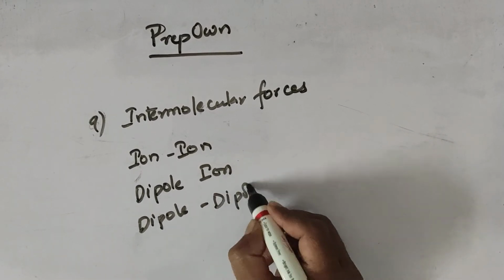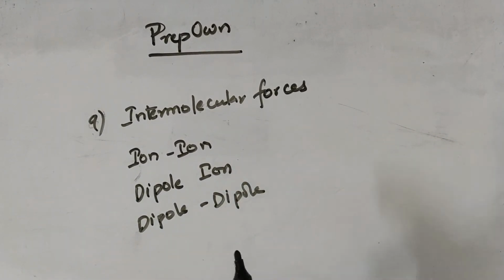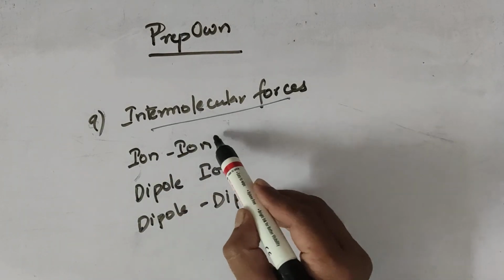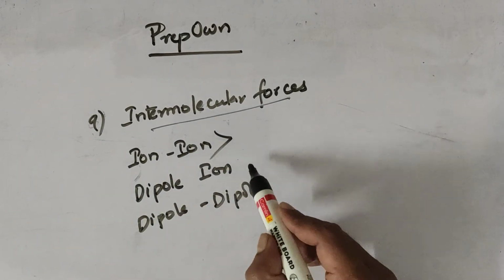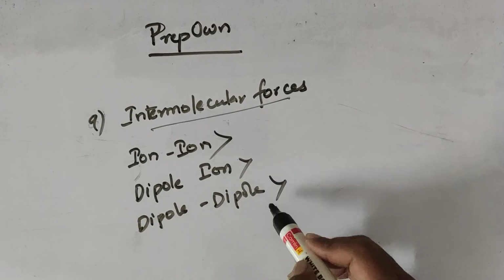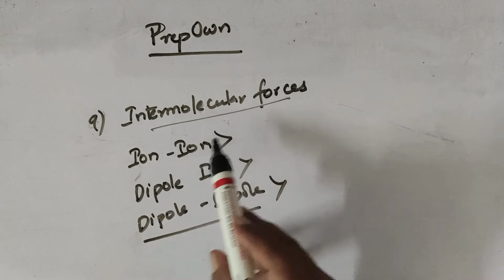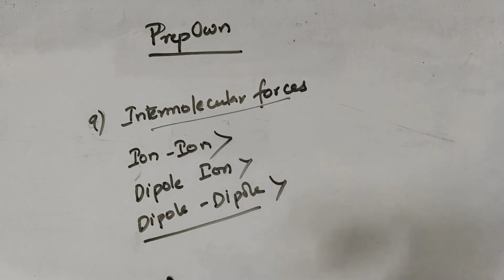A decreasing order of these forces was asked. I will give you one simple cue. Whenever there is an ion, the intermolecular forces are stronger. Ion forces are stronger than dipole, because dipole is really a partial charge. So ion is stronger than dipole. So this is the decreasing order of intermolecular forces.